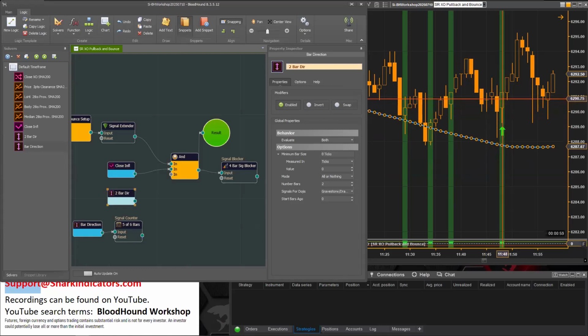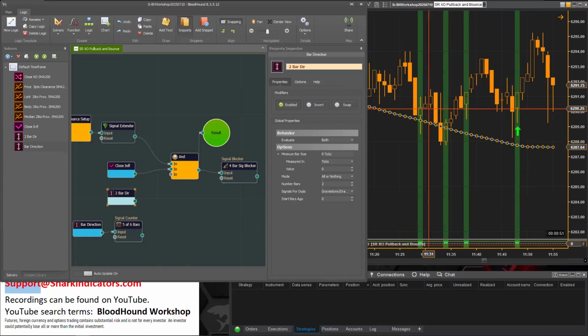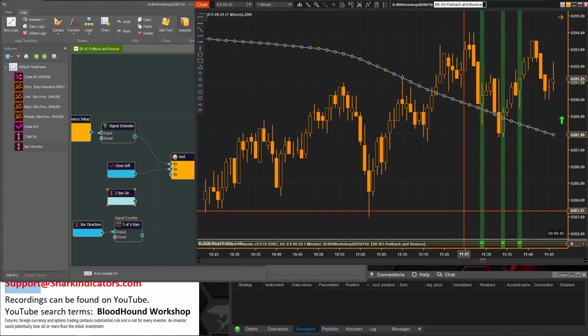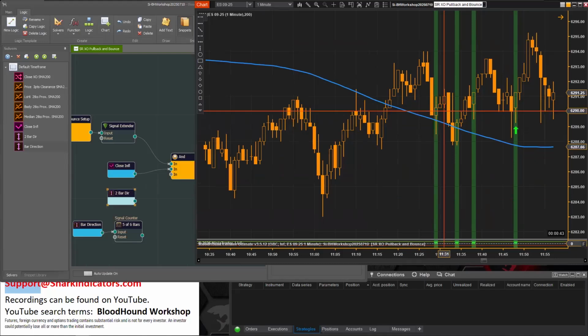So there is our signal as soon as we get a reversal bar, like so. And as we can see, we get a bunch of these. And there's actually one consideration here that hasn't been taken into account.